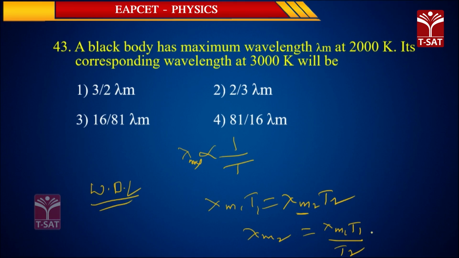Lambda m1 is lambda m, T1 temperature is 2000 Kelvin, and T2 is 3000 Kelvin. The zeros cancel. That is 2 by 3 lambda m. That is the second option, children. Second option. Keep it in your mind.